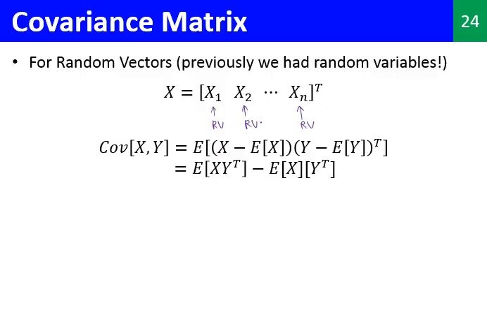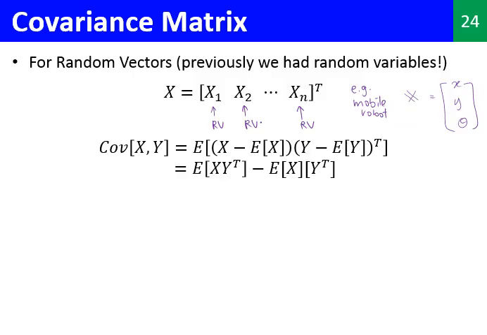For example, let's say we want to find the localization of a mobile robot. So for the state vector, I may have something like x, y, and theta, where these entries x, y, and theta are random variables, and all together we have a random vector.